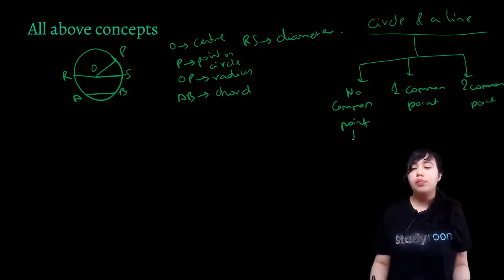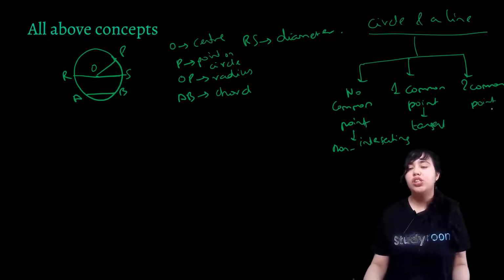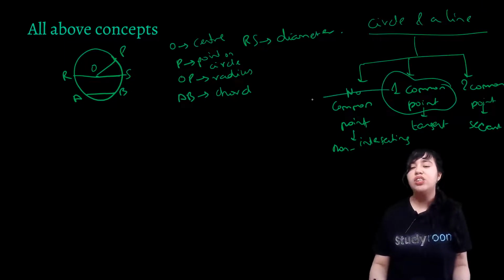So if there are no common points, we say that we are having a non-intersecting line with respect to the circle. If there is one common point, we call that line the tangent to the circle. If there are 2 common points, we call such a line a secant to that circle. Now you tell me, what is this special point called in case of a tangent? It is called the point of contact.